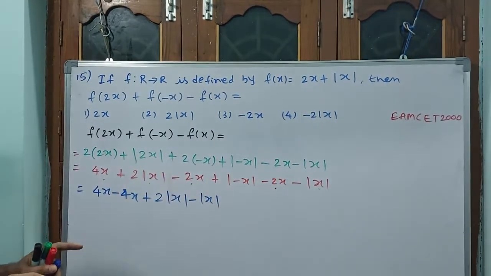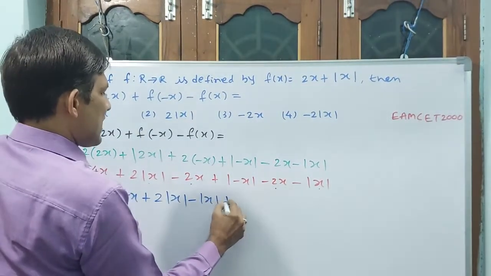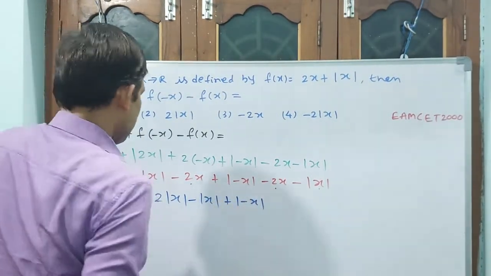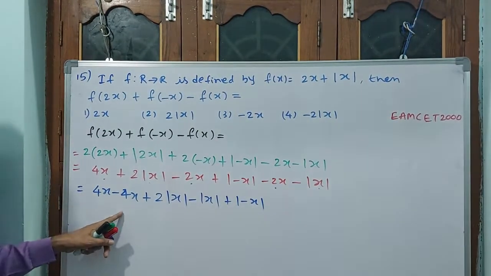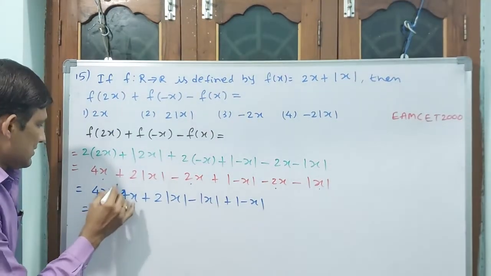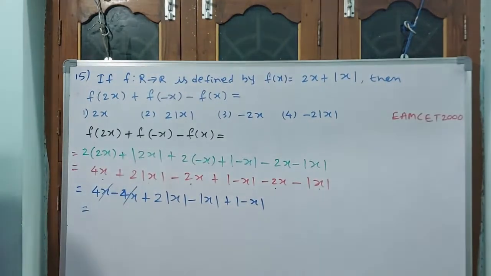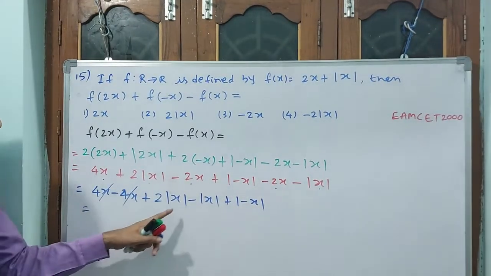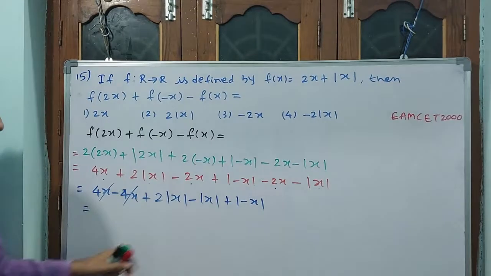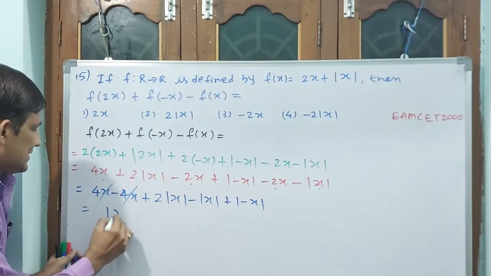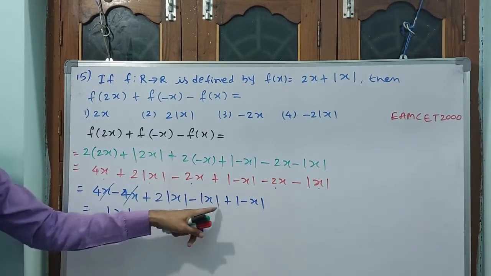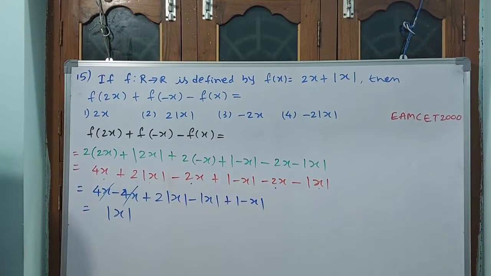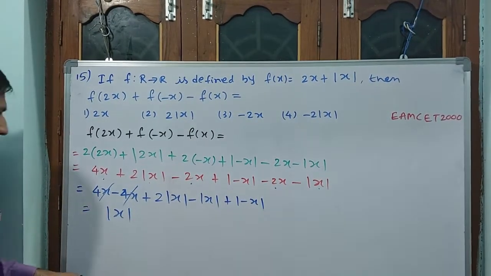Now what else do we have? Only plus modulus of minus x. 4x minus 4x is 0. 2 times modulus x minus modulus x is modulus x. Plus modulus of minus x.